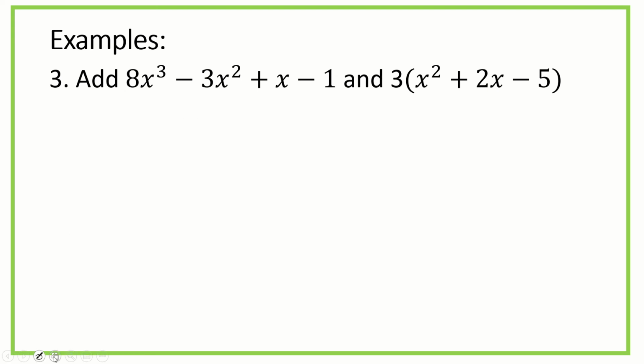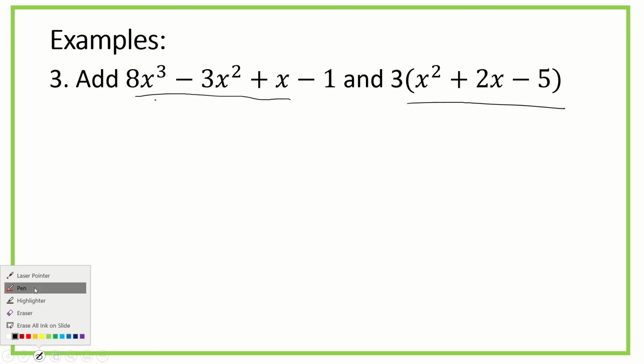So first of all, the difference between this example and the previous one: our first polynomial is fine, but our second polynomial has a parenthesis, and there is a number outside of it. So that means you still have to simplify our second polynomial.